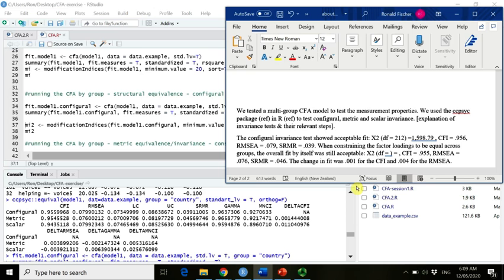We could also look at gamma or McDonald's non-centrality index. Both of them have been discussed in the literature. I quite like them, but the most common ones are the CFI and the RMSEA. So just looking at these, the change is actually smaller than 0.01, so it is pretty good evidence that we have equal factor loadings.